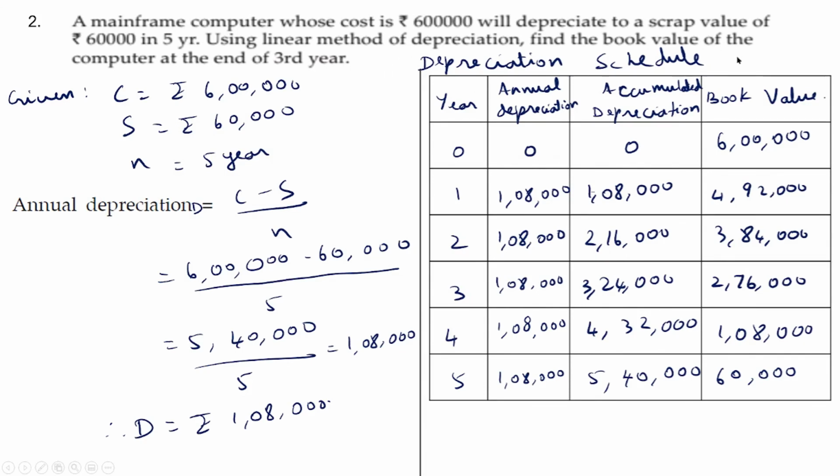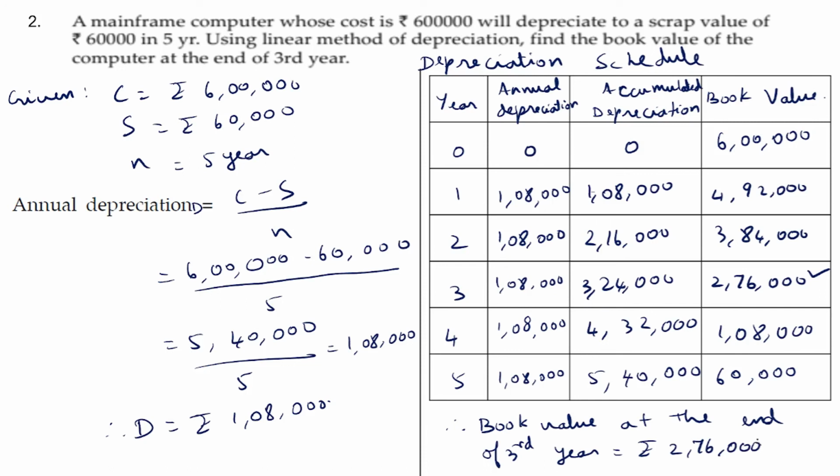Now we need to find the book value of the computer at the end of the third year. At the end of the third year, the book value is 2,76,000. Therefore, the book value at the end of the third year is equal to rupees 2,76,000.